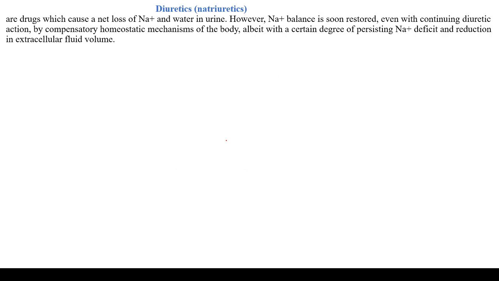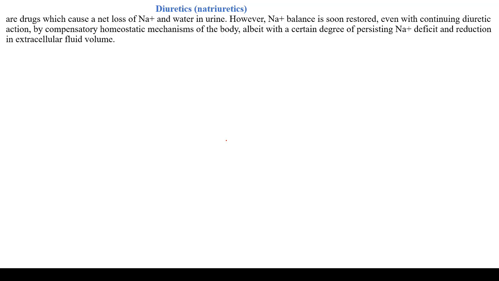So let's get into the drugs. What are diuretics? These are the drugs which cause more loss of sodium and water in the urine. If we use diuretics for a longer period of time, a defensive mechanism in our body will retain sodium. For example, if a person has a heart disease, he has to use diuretics every day because of his edema or his blood pressure.